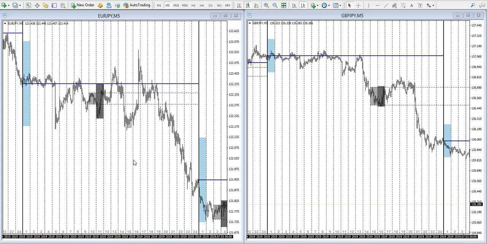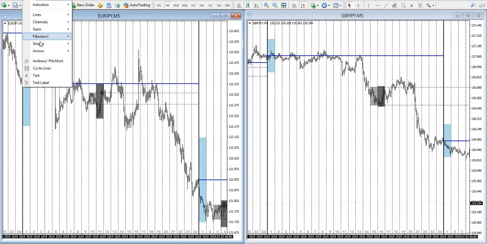Okay, so just looking at Euro Yen and Pound Yen here as 2 correlated pairs. Look at this big swing up that Euro Yen made, fairly close to the 20 pip high, during a time just before 6 a.m. New York.